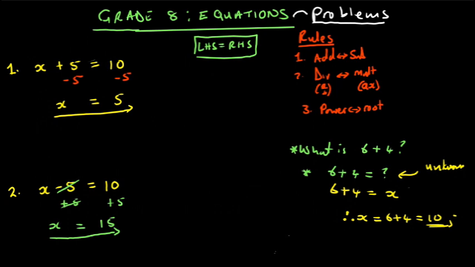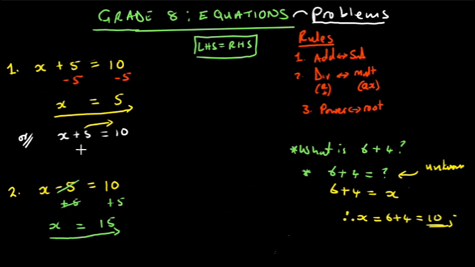But guys, there is a way to do all this without thinking about it that much. Let me write it here, which means you can use this method: x plus 5 is equal to 10. When I see that the sign here is plus, I can take this and put it to the other side.